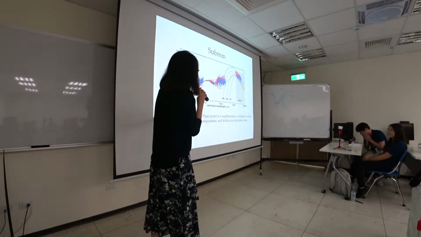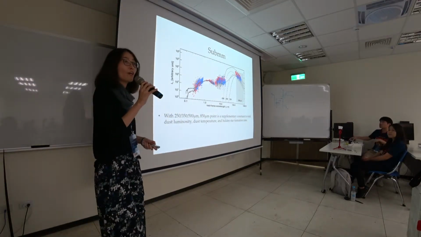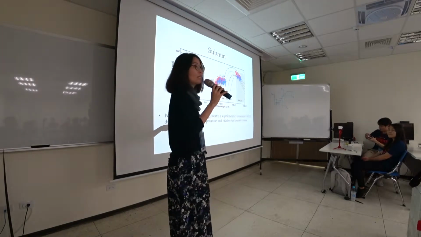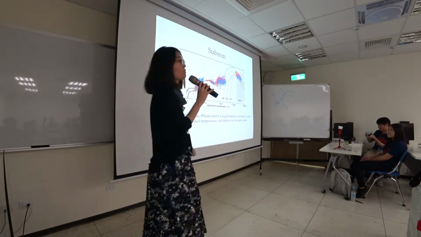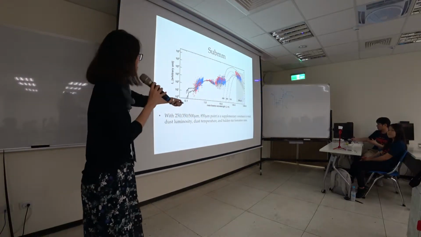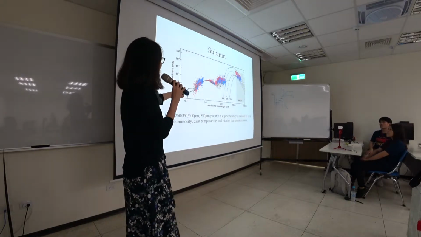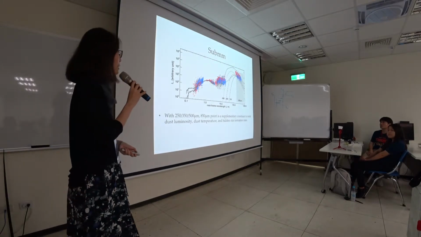You see a lot of different SED shapes of star-forming galaxies or infrared galaxies. Depending on the dust temperature and the ISM properties, there could be a deviation in the far infrared data wavelength range. So we need some millimeter data to constrain the ISM properties of these bright galaxies.